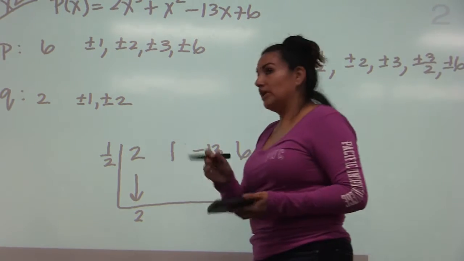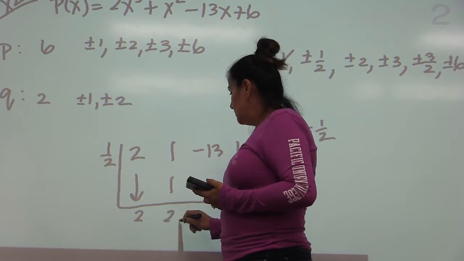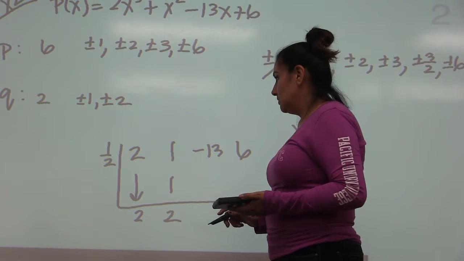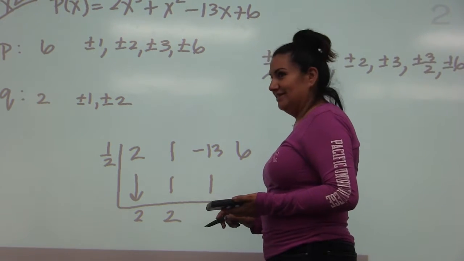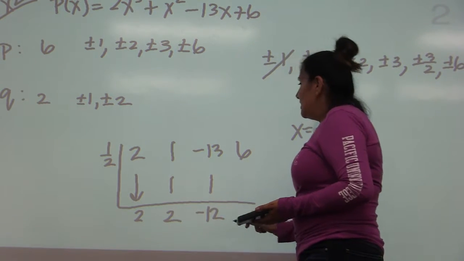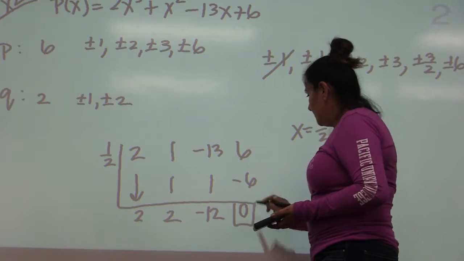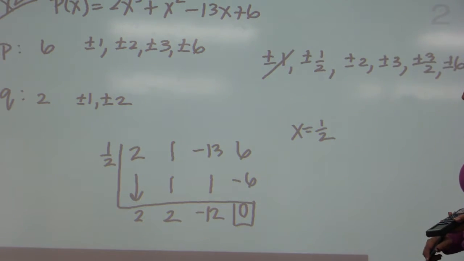So 2 times 1/2 is 1, 1 plus 1 is 2, 2 times 1/2 is 1, -13 plus 1 is -12. -12 times 1/2 is -6. Just keep going.